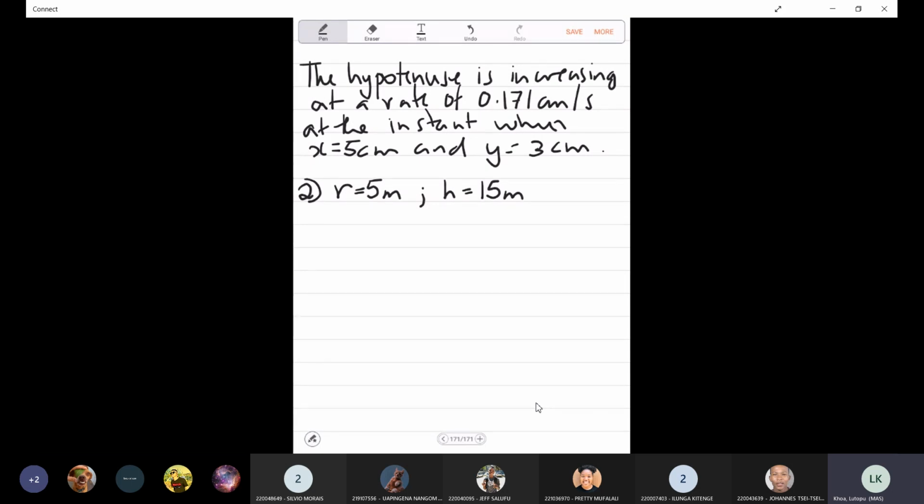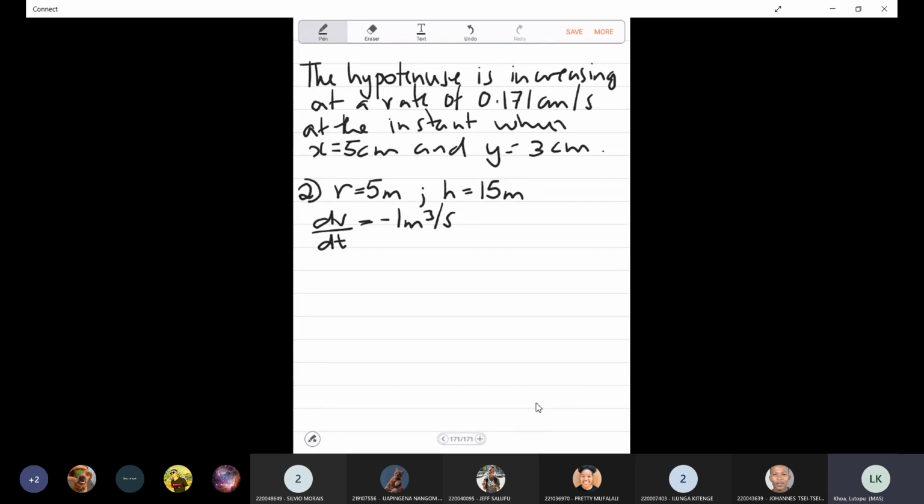So that means that dV dt is -1 meters cubed per second.